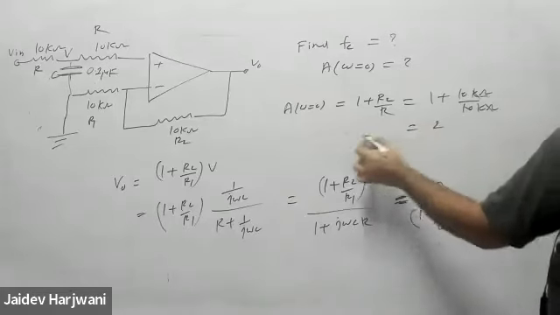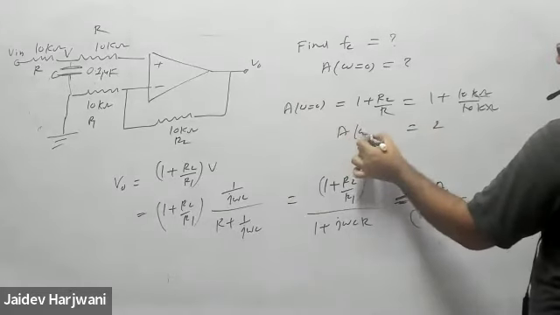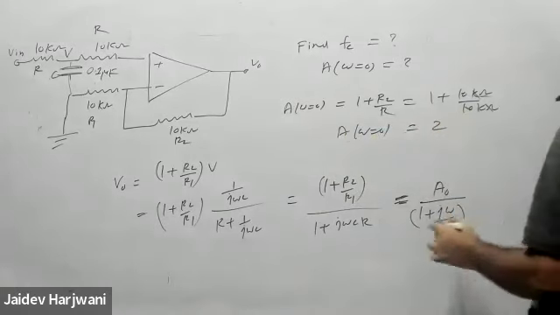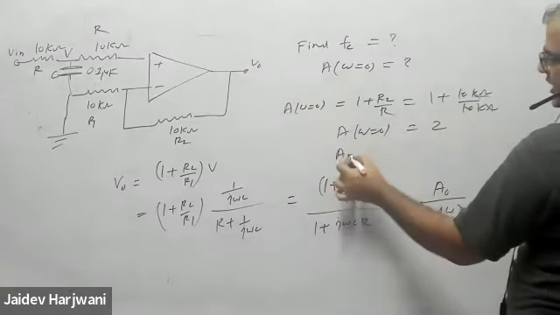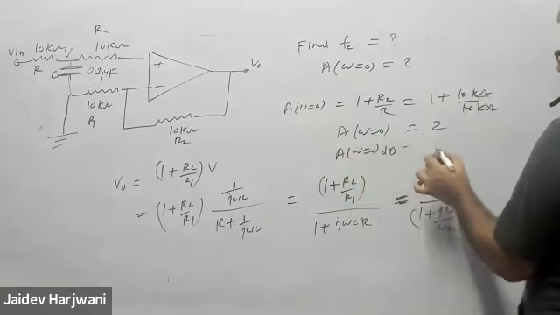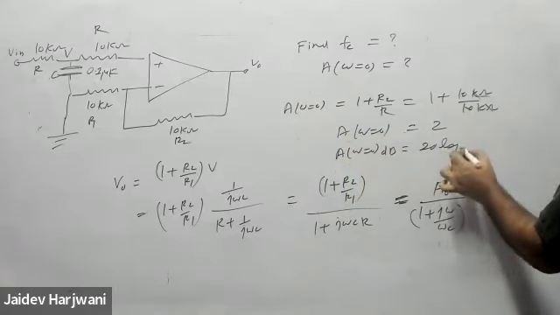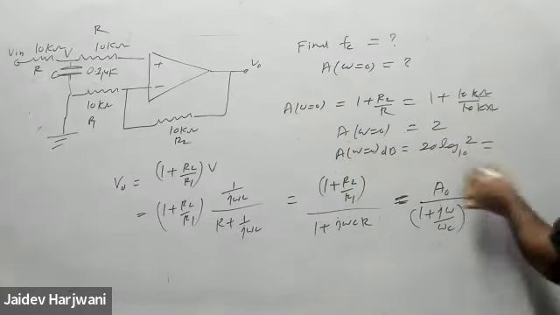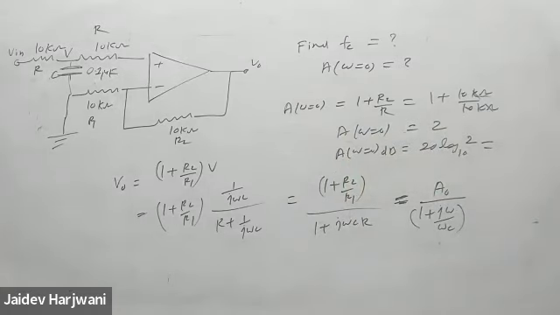This is 2. So this is the value. Now this number you can convert in dB. What is the gain, what is V0 in dB? That will be 20 log 10 of 2. Tell me what is the value? How much will it be? What is the log 2 value?